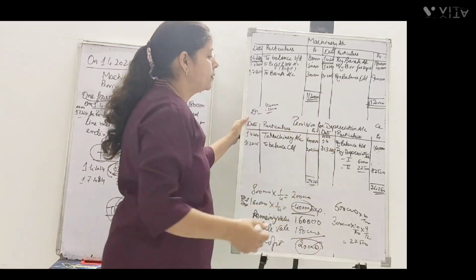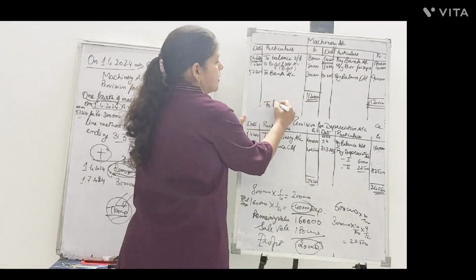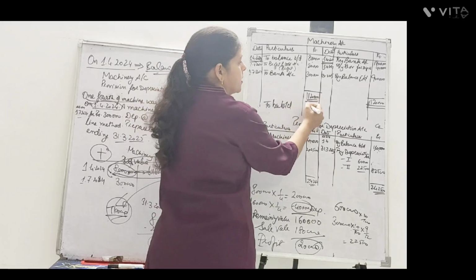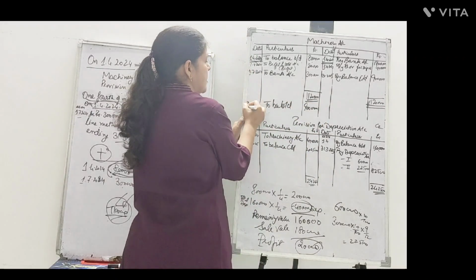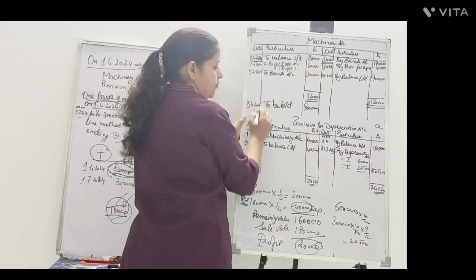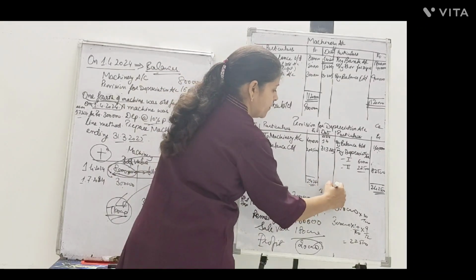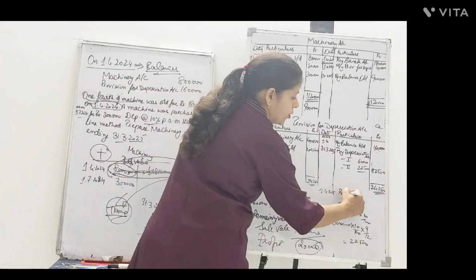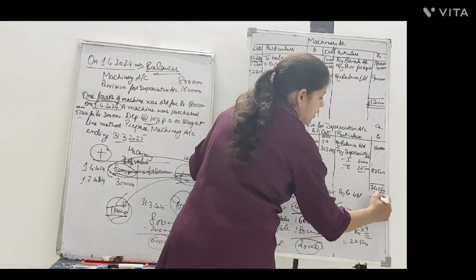If he asks what is the balance brought down of these accounts, the balance brought down for this account is 9 lakh. As it is an asset, it would carry a debit balance on 1st of April 2025, and on 1st of April 2025 the balance brought down for your provision for depreciation account is 2,20,500 rupees.